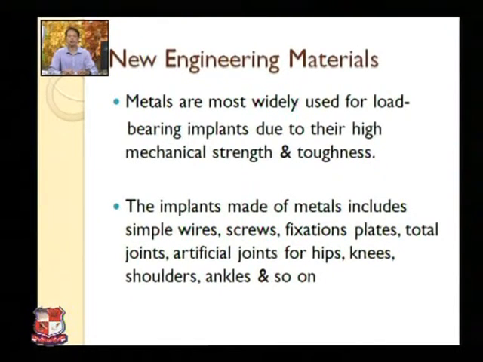The implants made of metals include simple wire, screws, fixation plates, and total joints, artificial joints for hips, knees, shoulders, ankles, and so on. That means these materials, metals and alloys, are used in orthopedic applications.